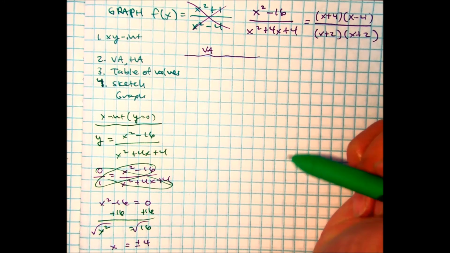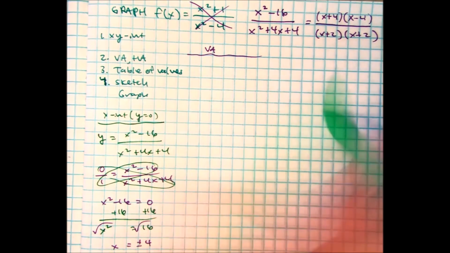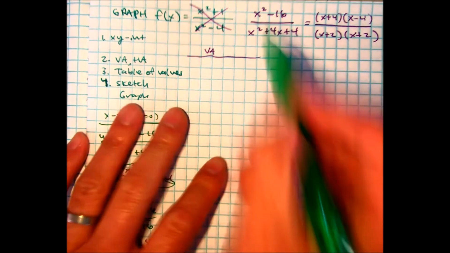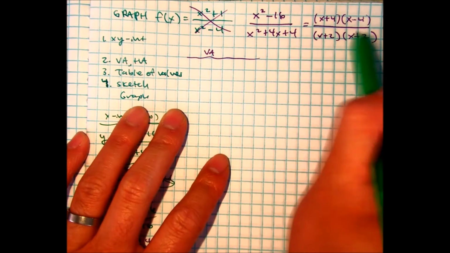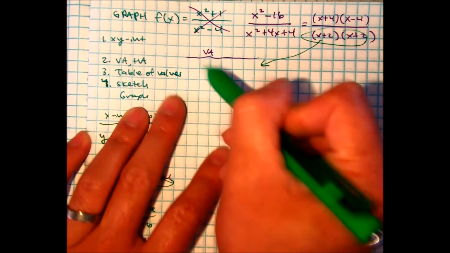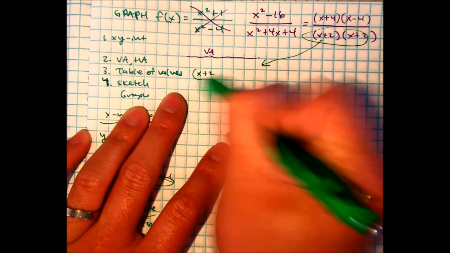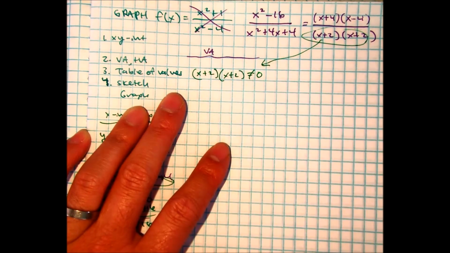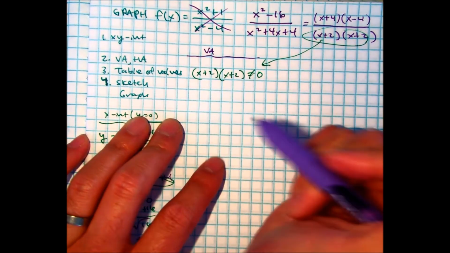Okay, so how do I find a vertical asymptote? It says cancel for the second step. Which is what? Set the denominator not equal to 0. Set the denominator, either of these, I would pick this one, not equal to 0. What's next?